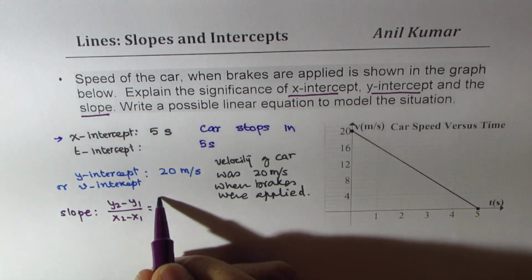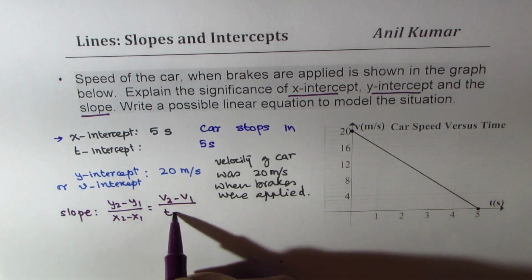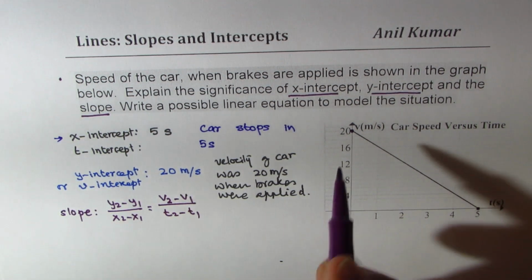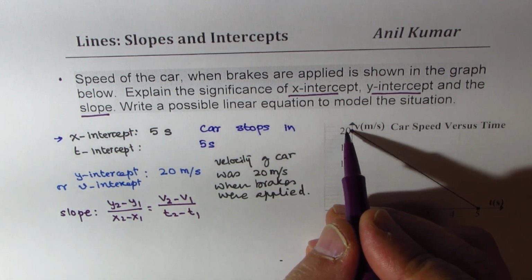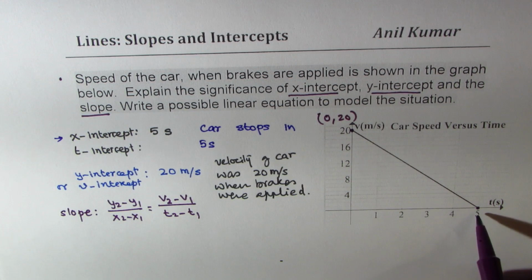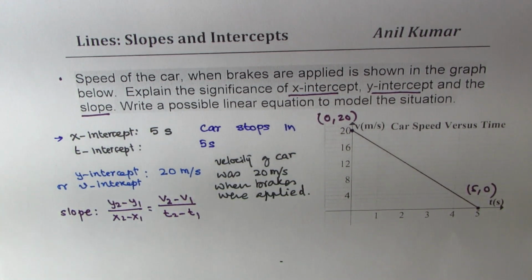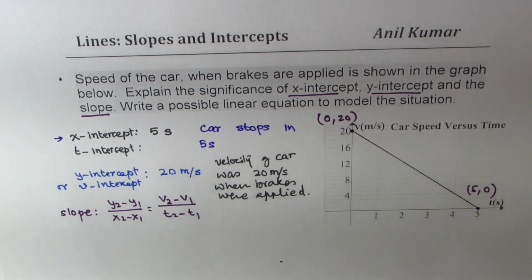In this case, we're talking about velocities, right? So we can say v2 minus v1 over t2 minus t1. Good points to take are 0, 20, and this point 5, 0, right? So using these points, we can find the slope.